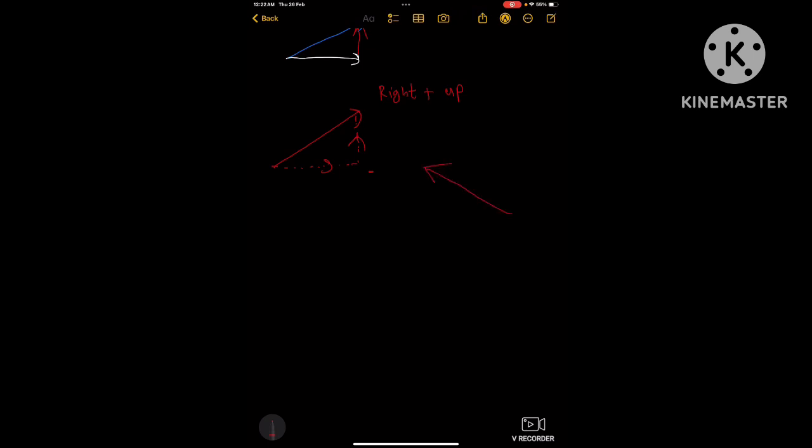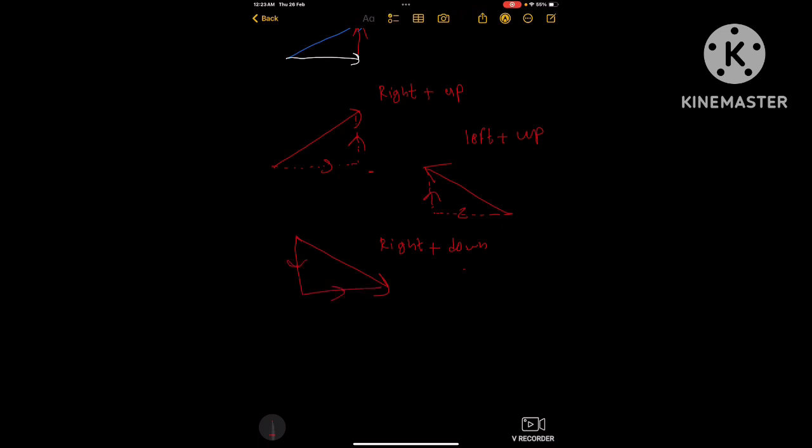This is left plus up. So I'll move left. This is the horizontal component. This is the vertical component. So left, up. Take a look at this one. This is right plus down. So down, right.